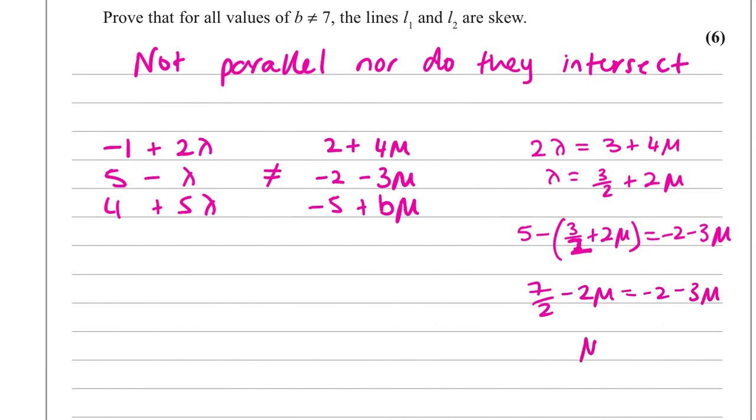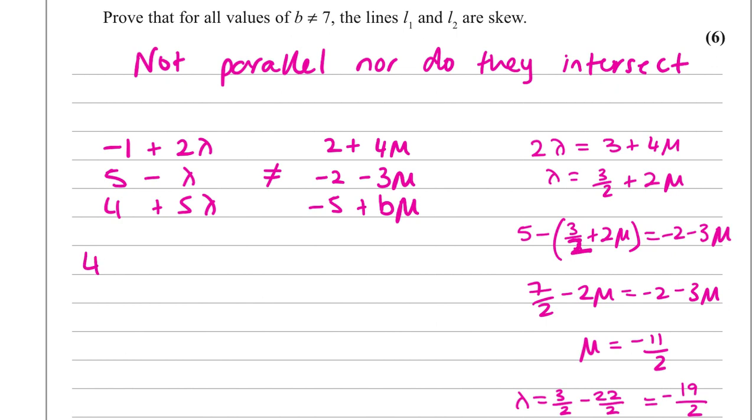So now we're going to get mu equals -11 over 2. Perfect. Now that mu equals that, we can substitute it into lambda. So lambda equals 3 over 2 minus 22 over 2, which equals -19 over 2.